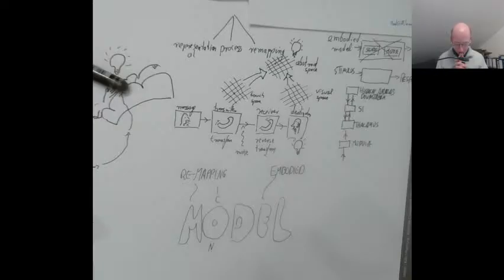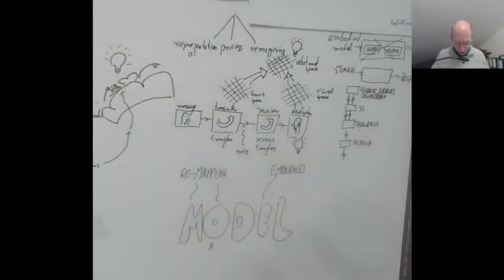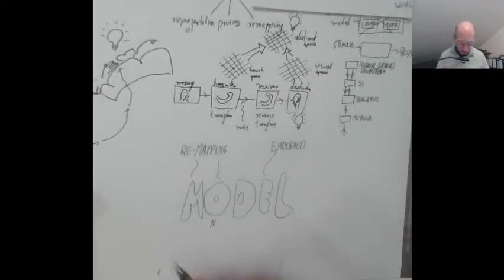A process is, well, you know what? A transformation is remodeling, and I actually think I like that. Modeling. How do you write modeling?